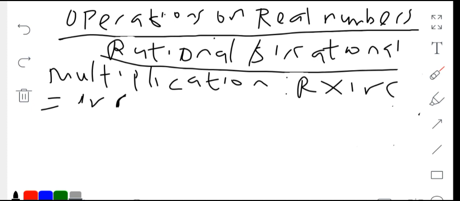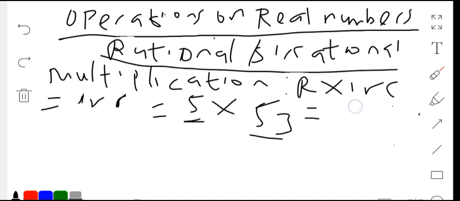Let's test it. 5 times square root 3. This is rational, this is irrational. So it will always give us 5 square root 3. Simple.